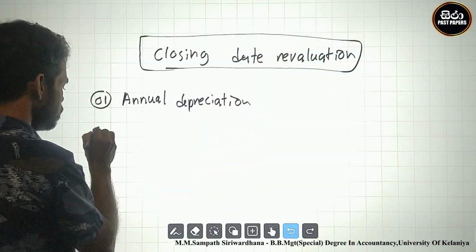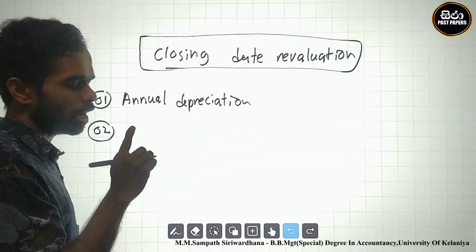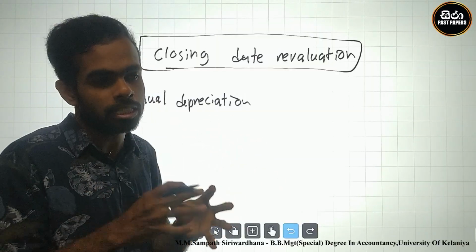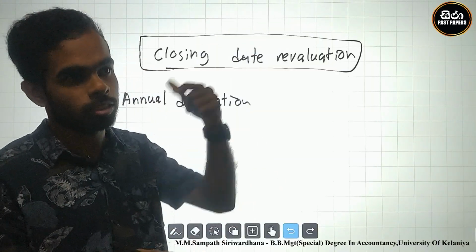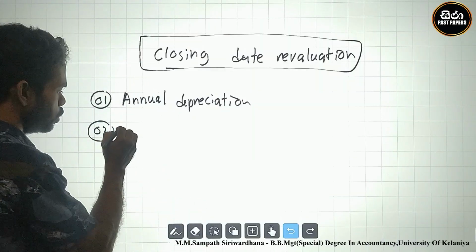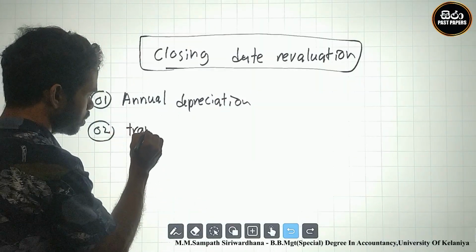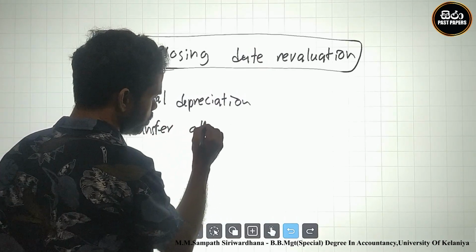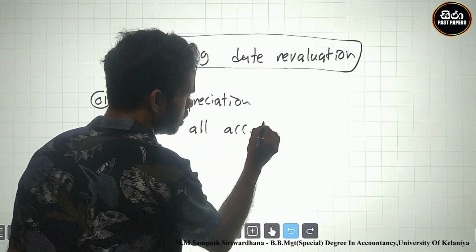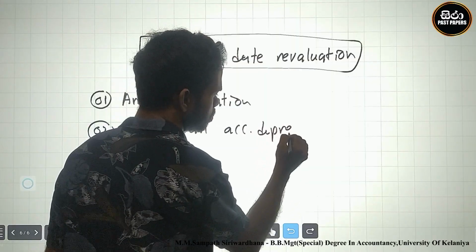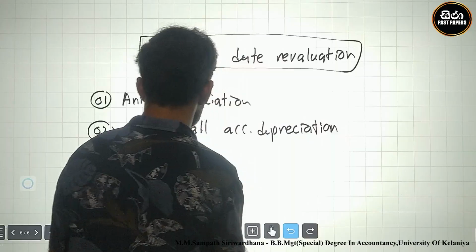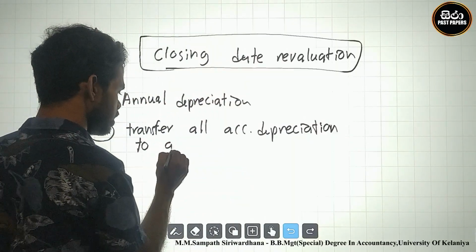After that, you must transfer the annual depreciation and all accumulated depreciation to the cost of the asset. Therefore, you must transfer all accumulated depreciation to the asset account.